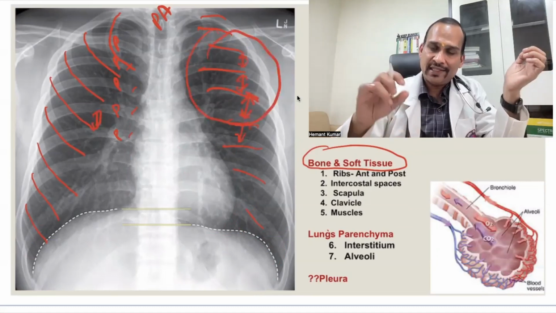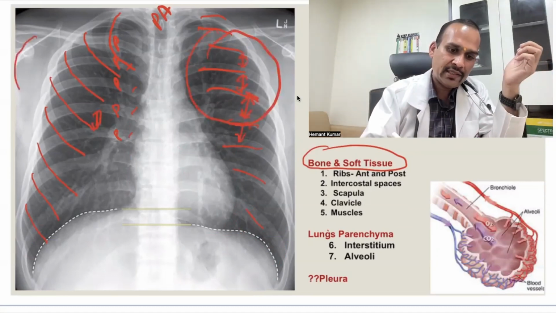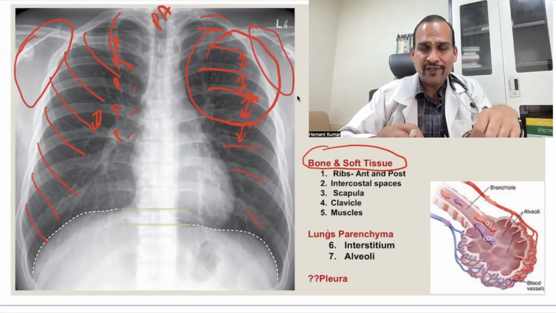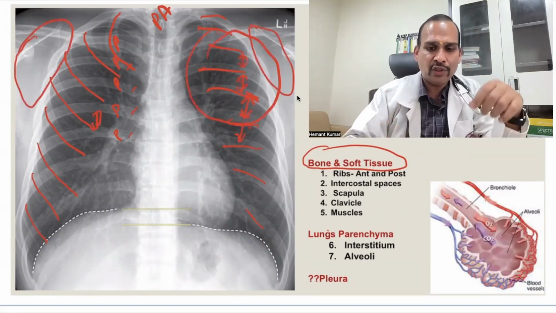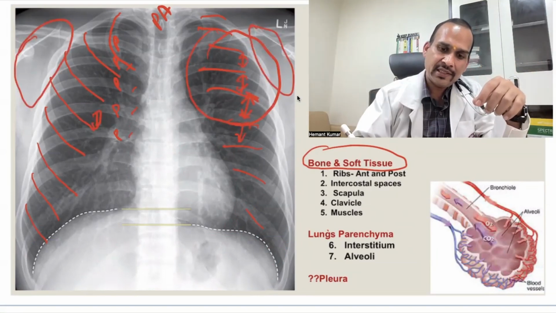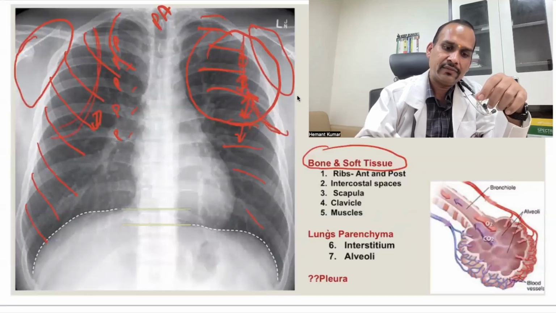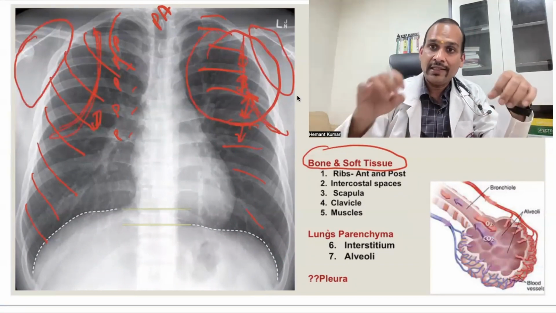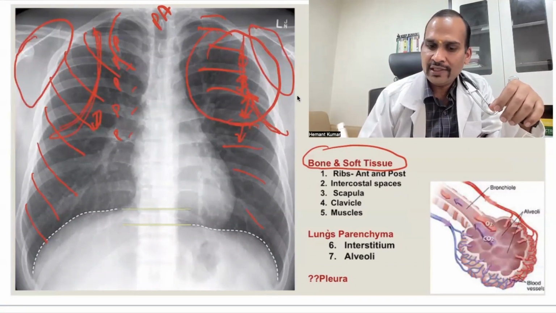Then coming to the scapula. See, here it is the scapula. This is a good inspiratory film and PA view, which is why the scapula is not coming over the lungs. Otherwise, in some X-rays, you can see the scapula come like that here. Then the clavicle. So where is the clavicle?